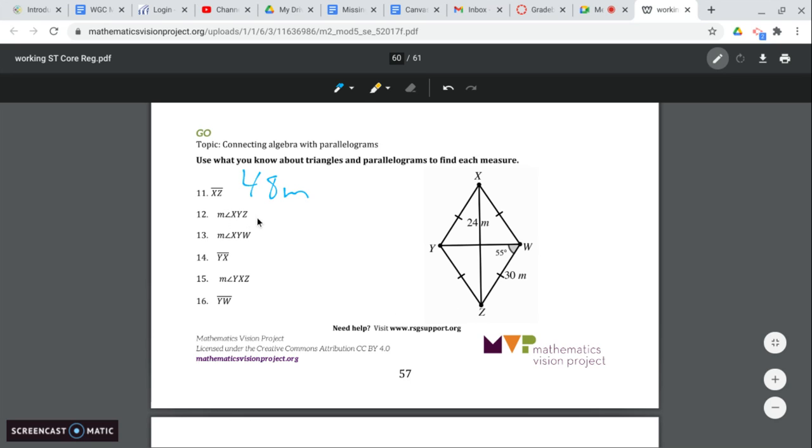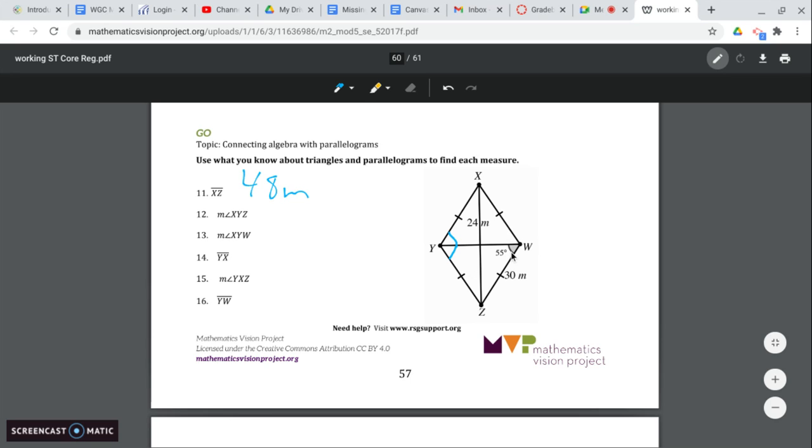For measure of angle XYZ, so that's this angle right here. In order to find that, XYZ, it's the whole thing. All the way down. So this whole angle is what we're looking for. We know this angle right here is 55, which means that the angle on the other side of it is also going to be 55.